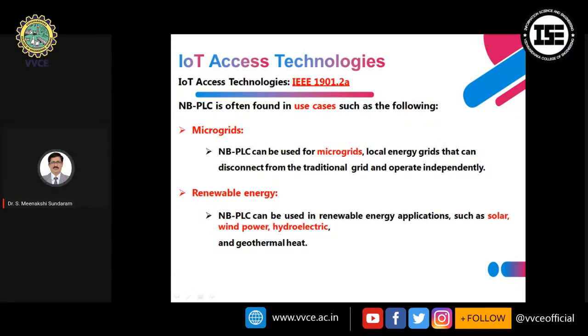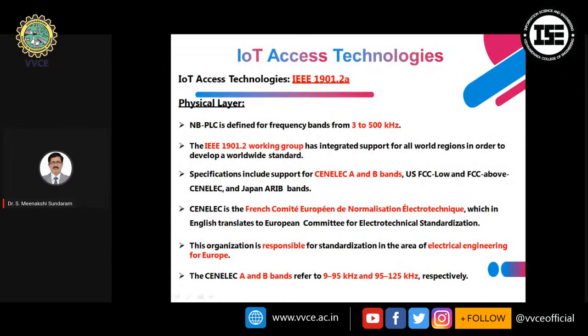NB PLCs are also used for microgrids, local energy grids that can disconnect from the traditional grid and operate independently, with renewable energy such as solar, wind power, or geothermal heat energy. The standard's physical layer frequency band operates from 3 to 500 kilohertz, and working group standard 1901.2 has integrated support for worldwide regions in order to develop worldwide standards.